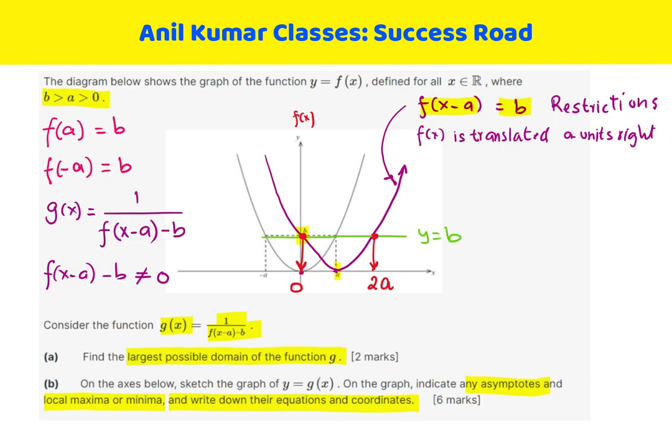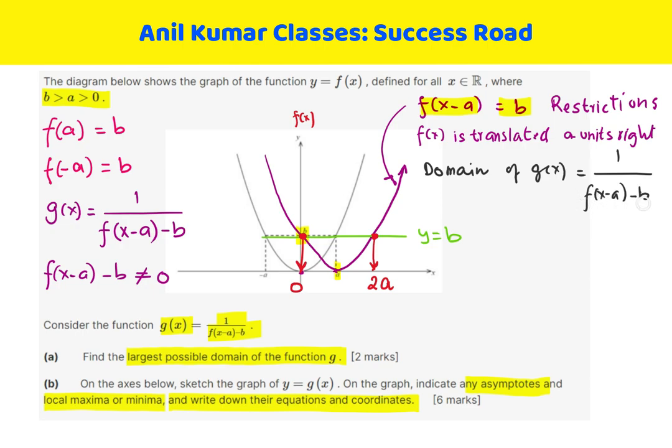You get the idea. And therefore, we have 2 restrictions, and that is the domain of g of x, which is 1 over f of x minus a, minus b.